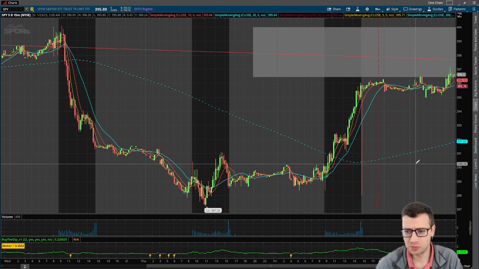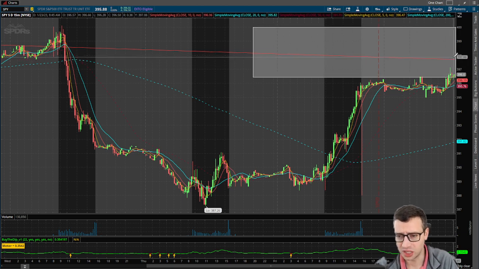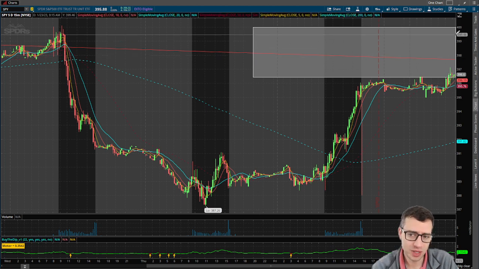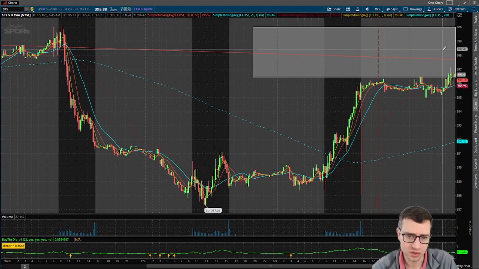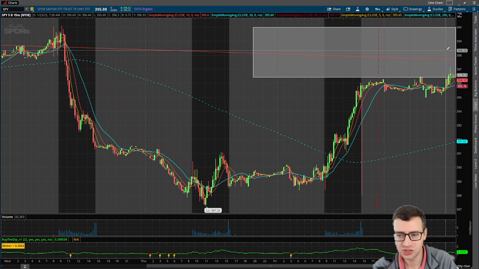The really bullish play for today is price quickly makes its way above the trend line to 398. 398 holds, and maybe it pushes to 400. It doesn't even have to. If price just holds in the 398 area and starts to accumulate buyers there, then it will eventually push above 400.